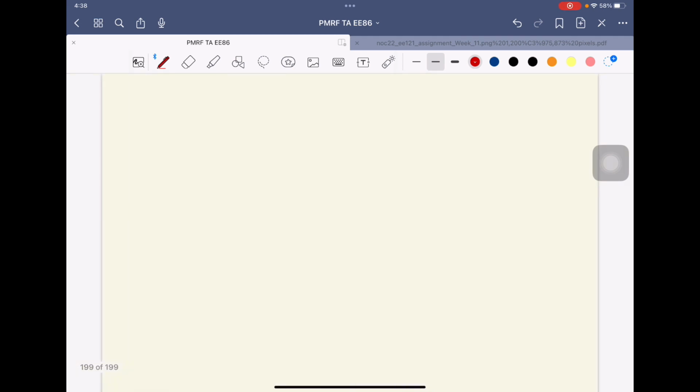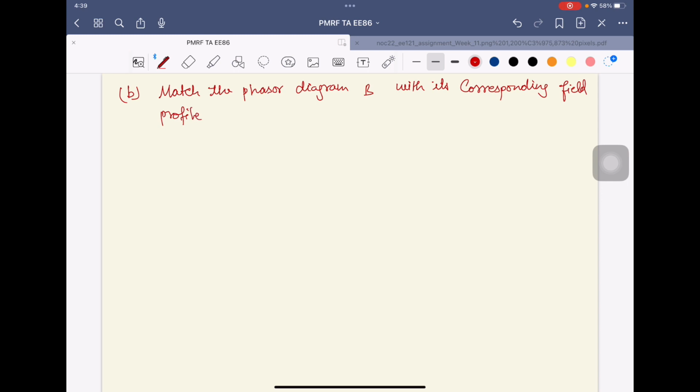Similarly, the next question is: match the phasor diagram B with its corresponding field profile and identify the type of squeezed state.